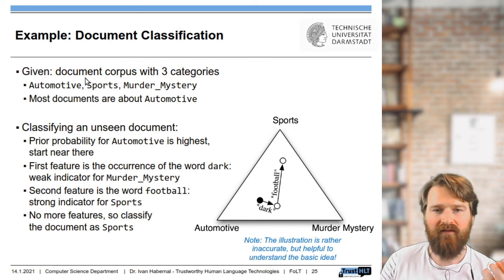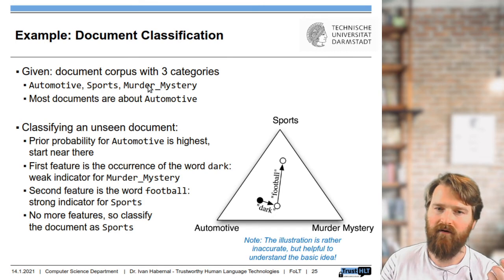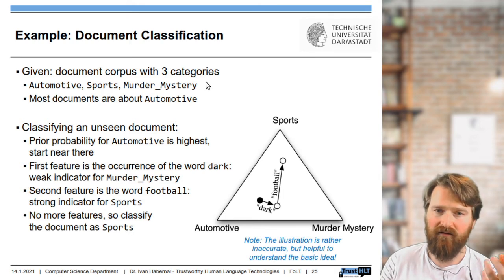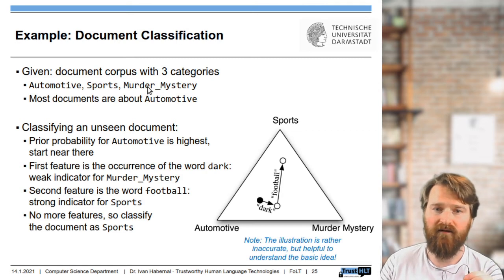Given a document corpus with 3 classes or labels or categories, being automotive, sports, and murder mystery. So we have 3 labels, and we want to classify a document into one of these classes. We know by learning from training data that the most frequent class is automotive.